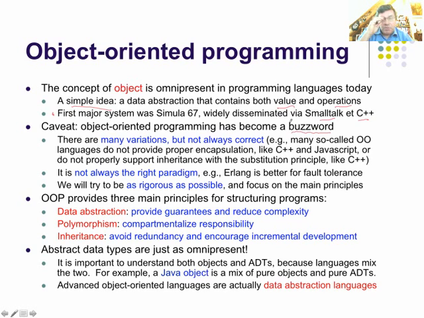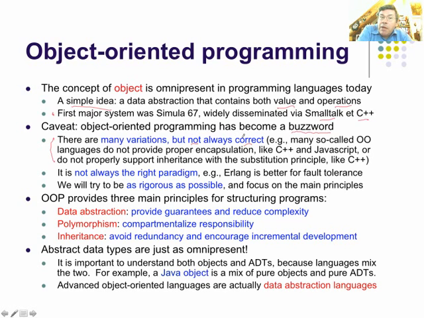A buzzword means that in the literature that you see, in advertisements and so on, it doesn't always have a precise technical meaning. It's used just to give an aura of the system being good and advanced. And in modern languages, there are many variations of these ideas of object-oriented programming, but they're not always correct.